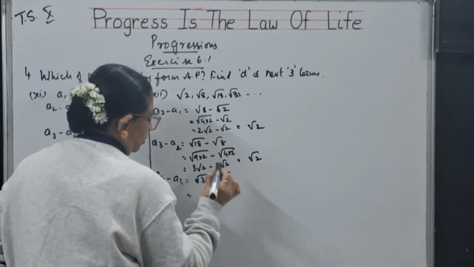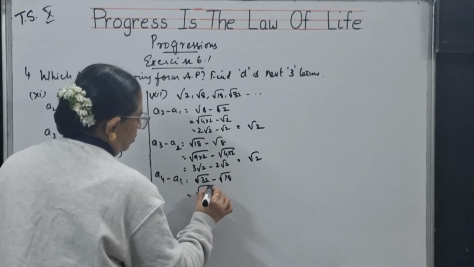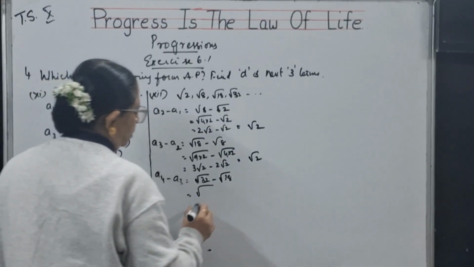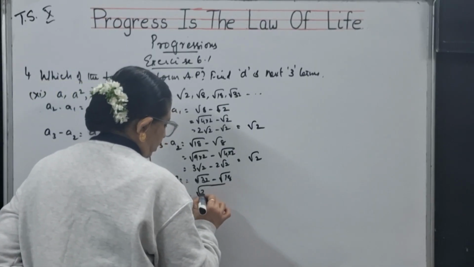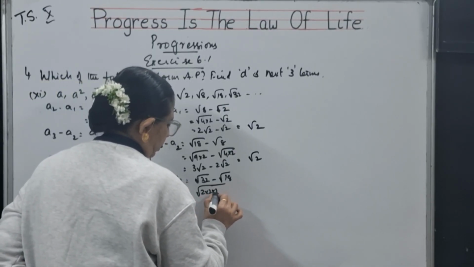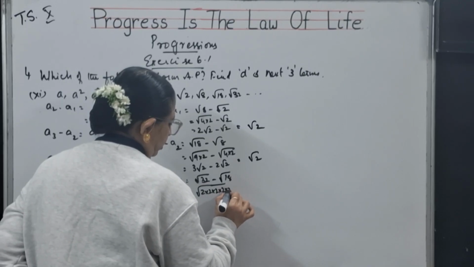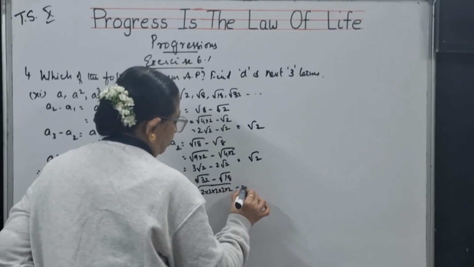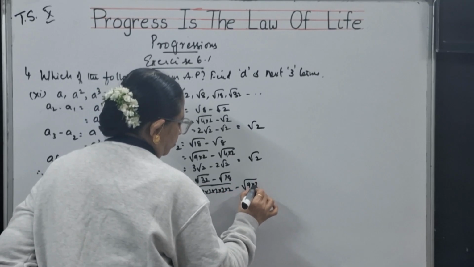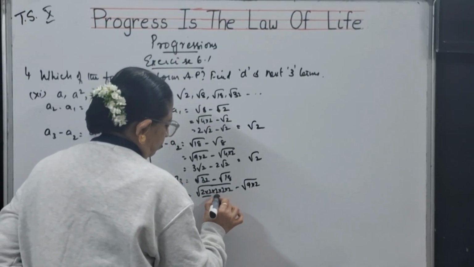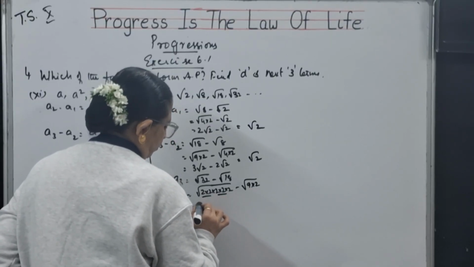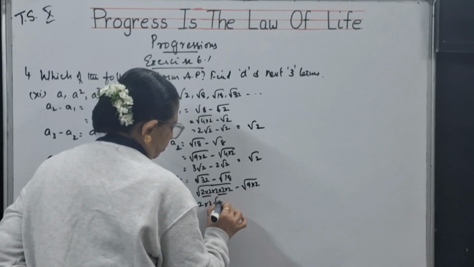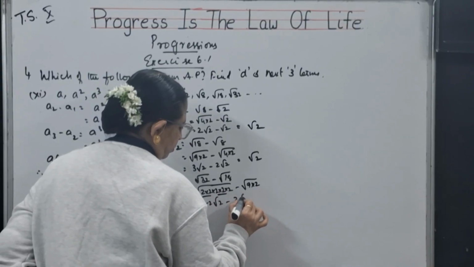32 means root of 2 five times, 1, 2, 3, 4, 5 times 2, minus root 18, which is 9 into 2. So 2 into 2 root 2 minus 3 root 2.